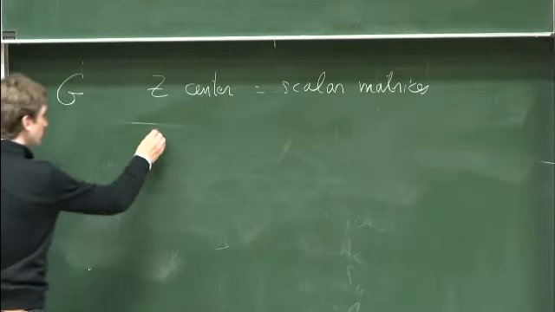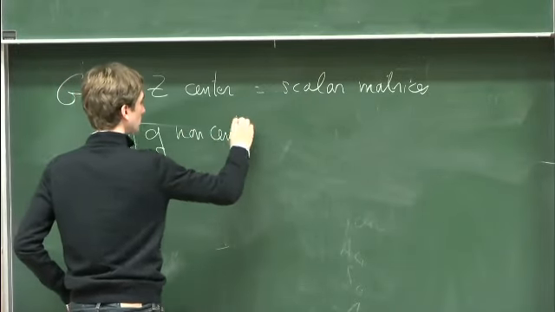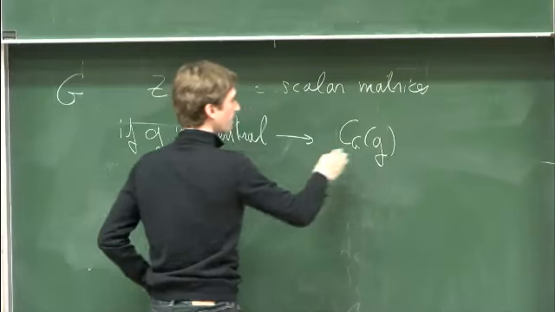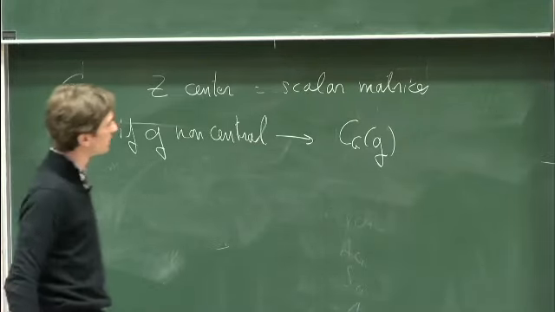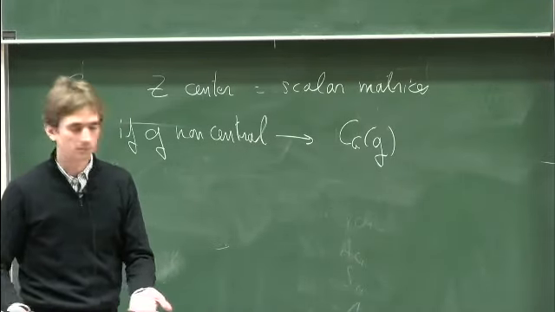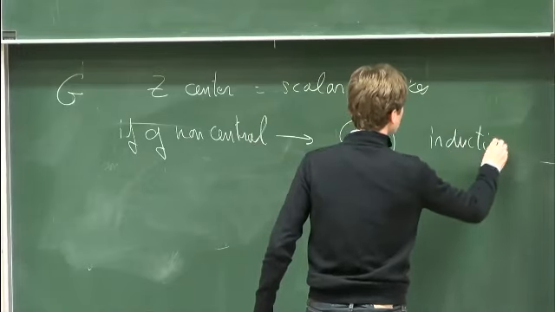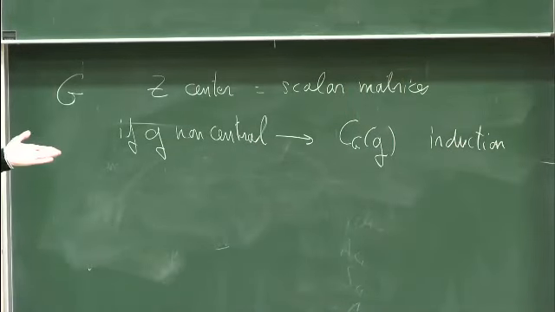And if g is non-central, then you can look at its centralizer, which by this argument would be contained in a product of smaller blocks, and therefore you can apply the induction hypothesis to this guy, and conclude that it has a maximal m-beam inside.